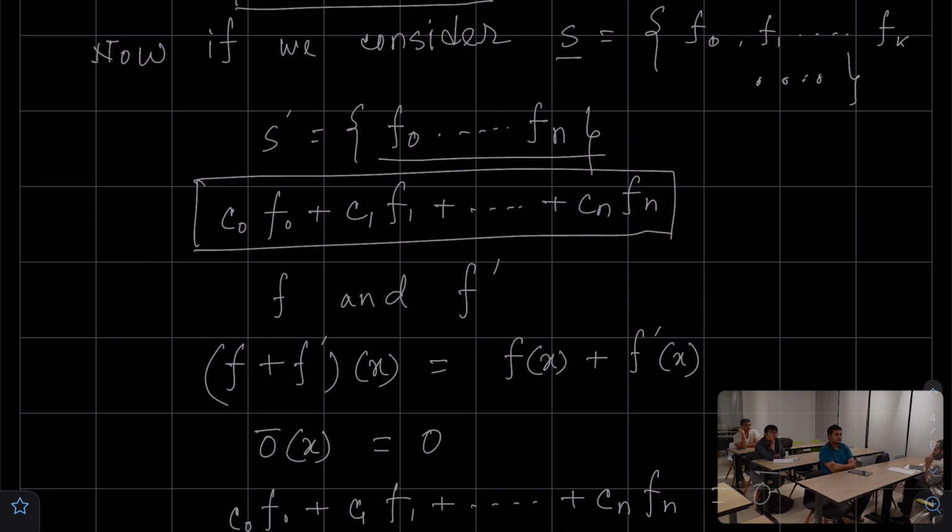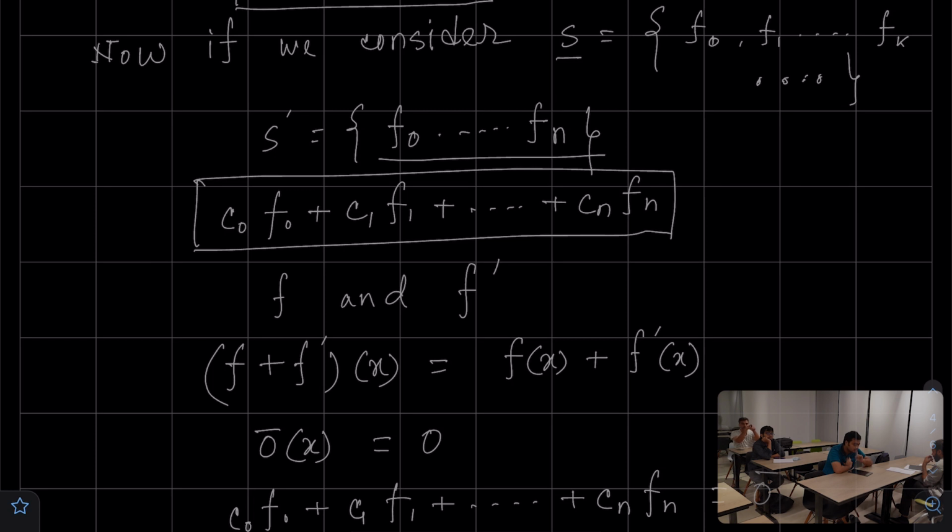Because I can change it arbitrarily, and all other subsets that we consider will be subsets of S prime for a certain value of n. And we already know that if a set is linearly independent, any subset of that is also linearly independent. So that proves that any subset of S is linearly independent, and that proves that S is linearly independent. That is the argument precisely.